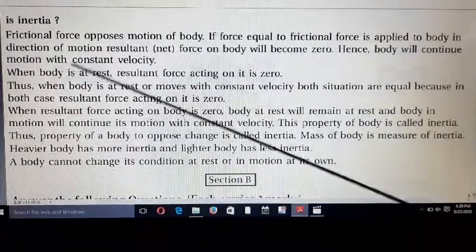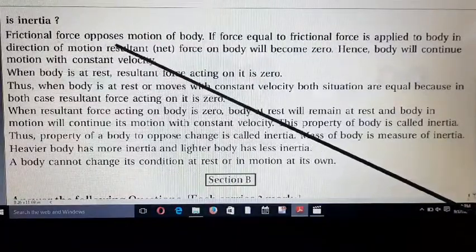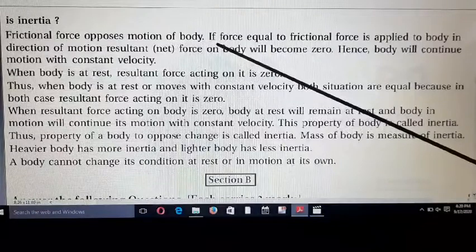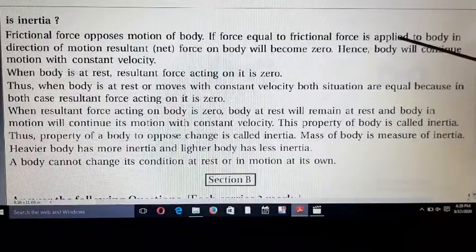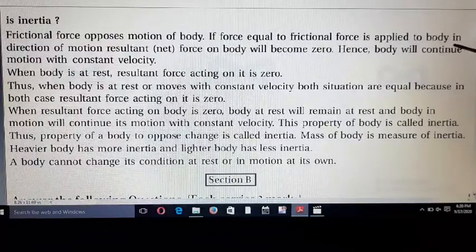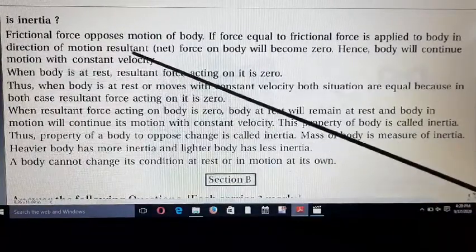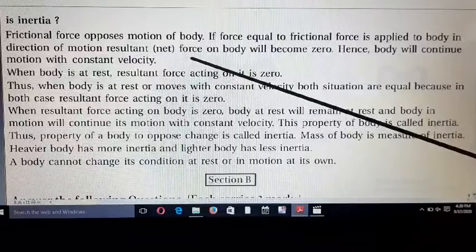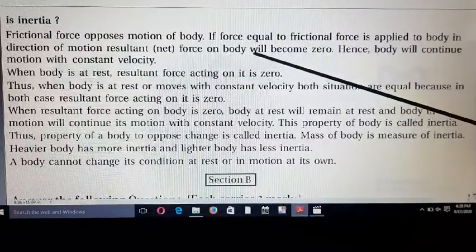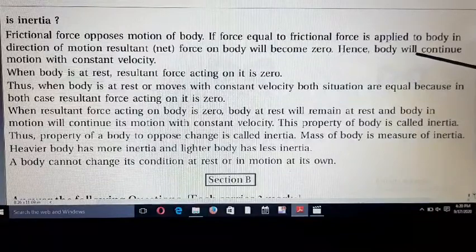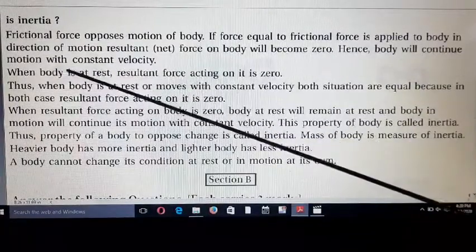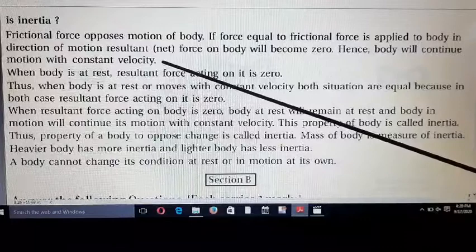Look here. Frictional force opposes motion of a body. If a force equal to the frictional force is applied to the body in the direction of motion, the resultant force on the body will become zero. Hence, the body will continue motion with constant velocity.